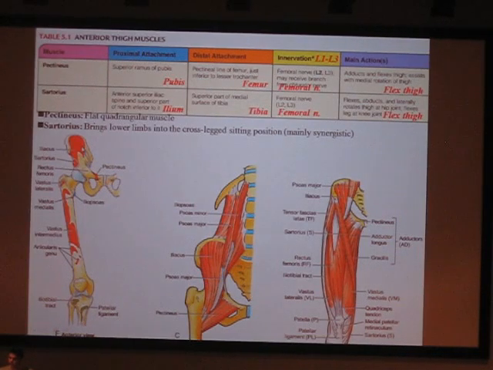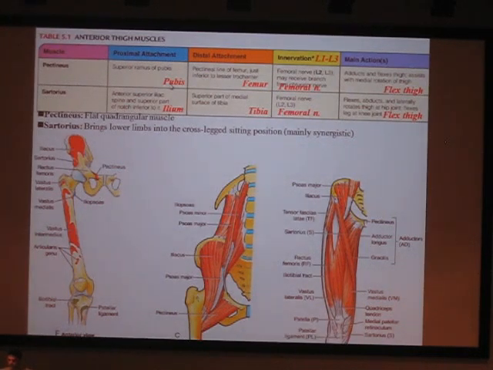We're going to go through pretty much all of the muscles, but nonetheless really simplify things. What I want you to know about these muscles is what I've written here in red text, or underlined with a red line.